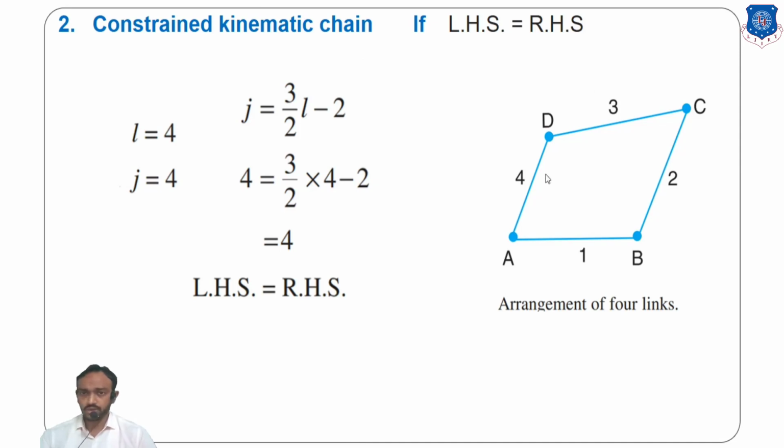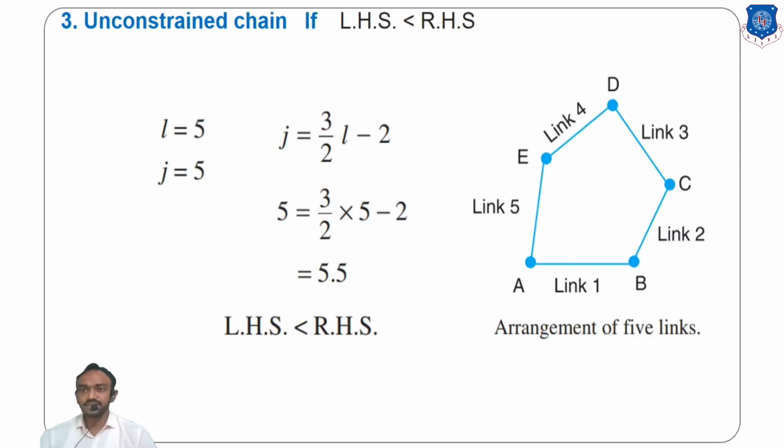We are going to our third and last chain, the unconstrained chain. In this unconstrained chain, there is a possibility of more than one motion. First of all, you can count the links 1, 2, 3, 4 and 5, and the joints 1, 2, 3, 4, 5. 5 joints and 5 links. Clear?